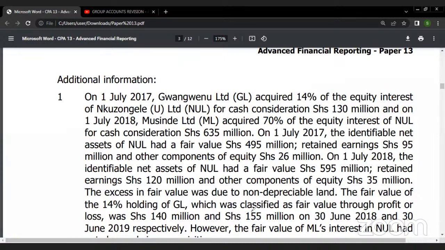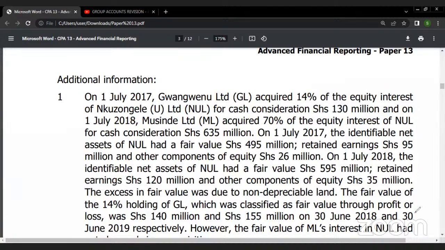They are also giving you a fair value adjustment, which you have to make, that there is an excess fair value, which was due to non-depreciable piece of land. So you try to find out that on 1st July 2018, when NUL was acquired by ML, we have to find out what is the fair value adjustment, how much is that excess in fair value for that non-depreciable piece of land.